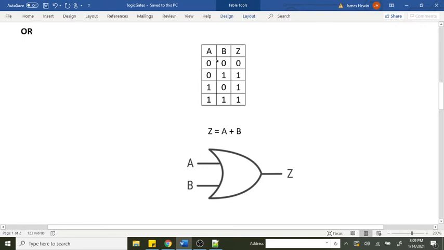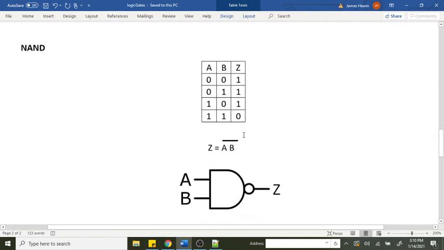So when all the inputs are 0, it's going to produce a 0 on the output. Otherwise, it's going to produce a 1 because you would have at least one of the inputs being a logic 1. Okay, so that's the OR function.